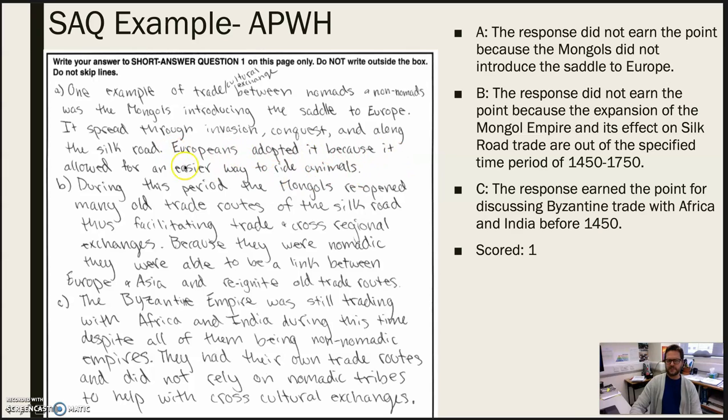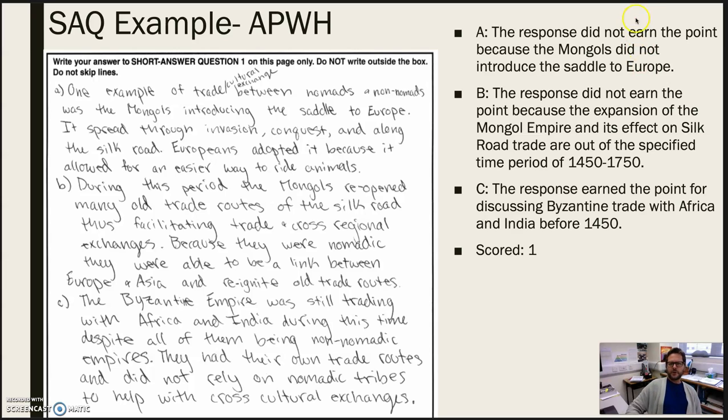Europeans adopted it because it allowed for an easier way to ride animals. They did elaborate, so they have their ace right there. They did not earn the point because Mongols did not introduce the saddle to Europe. So this is an important thing to remember. We haven't discussed this yet, but if you're factually wrong, like if you say something incorrect, even if you have the perfect format, you still get the answer wrong. So you have to actually know the information. You have to say correct things.